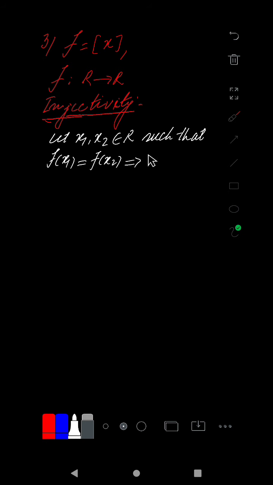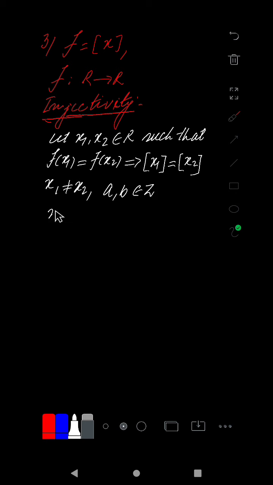That is, greatest integer function of x1 is equal to greatest integer function of x2, which is possible even if x1 is not equal to x2. As for example, let a and b be two consecutive integers.